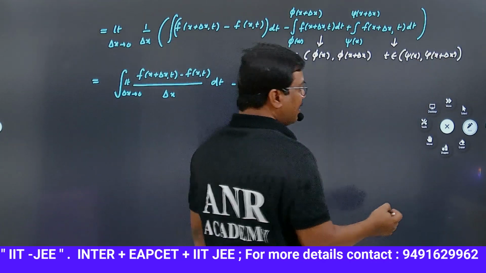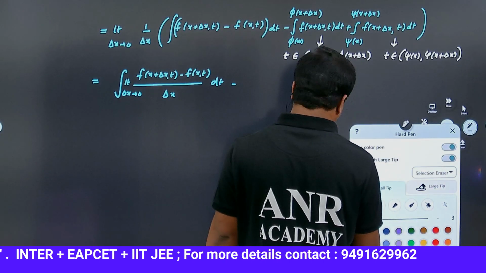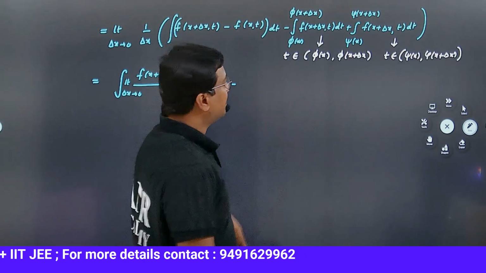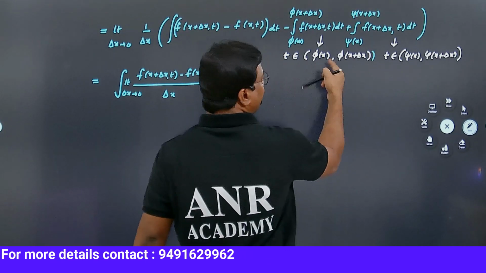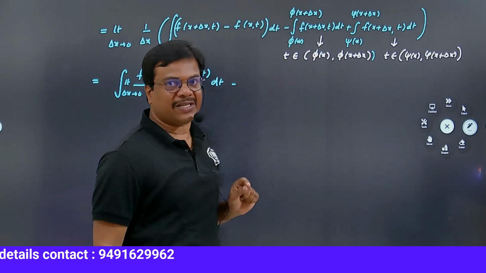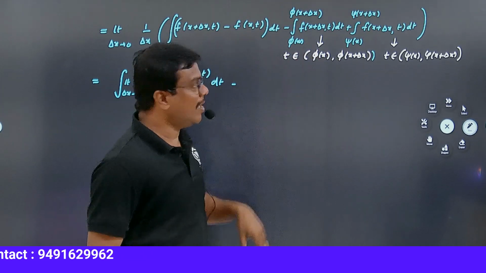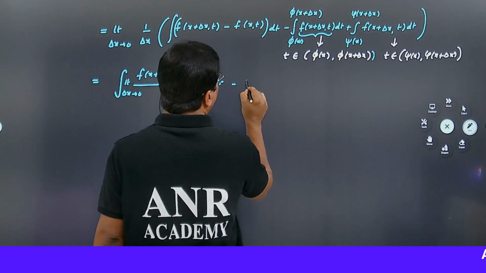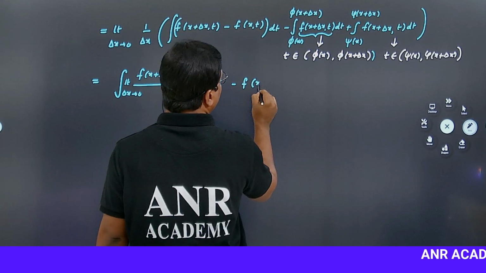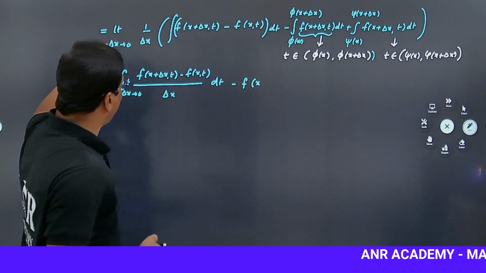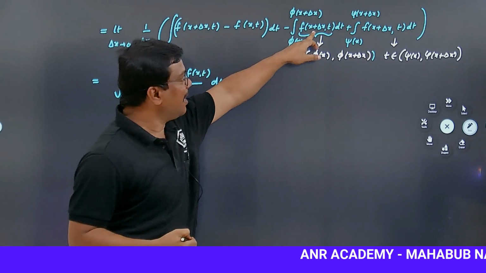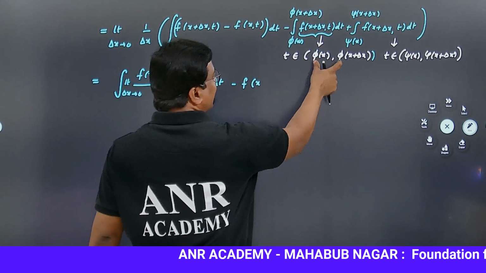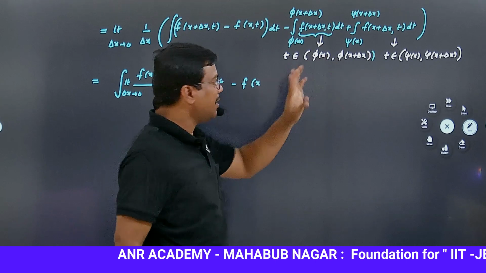When you apply delta x tends to 0, t belongs to pi of x comma pi of x, nothing but t changes to pi of x. This term I am going to write outside, f of delta x is 0. Why? Because you have limit delta x tends to 0. Applying delta x tends to 0, you will get f of x. As delta x tends to 0, t becomes t between pi of x comma pi of x, nothing but just pi of x.